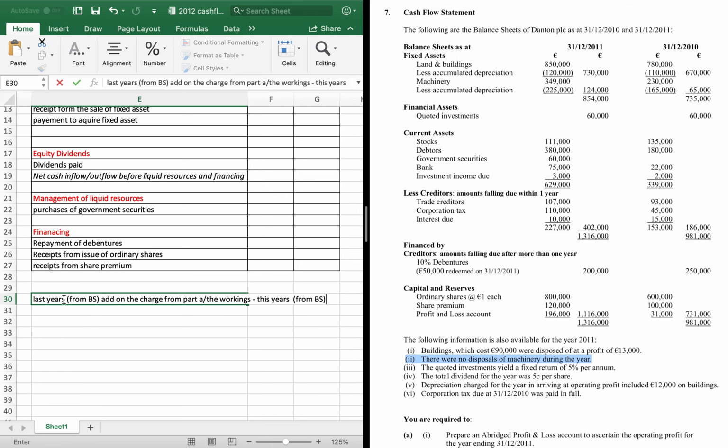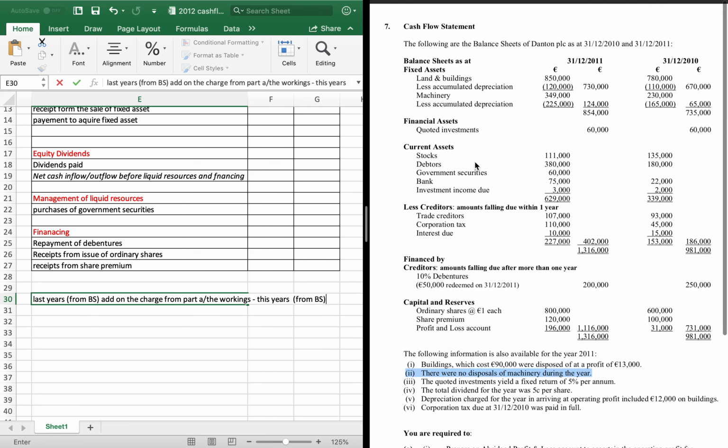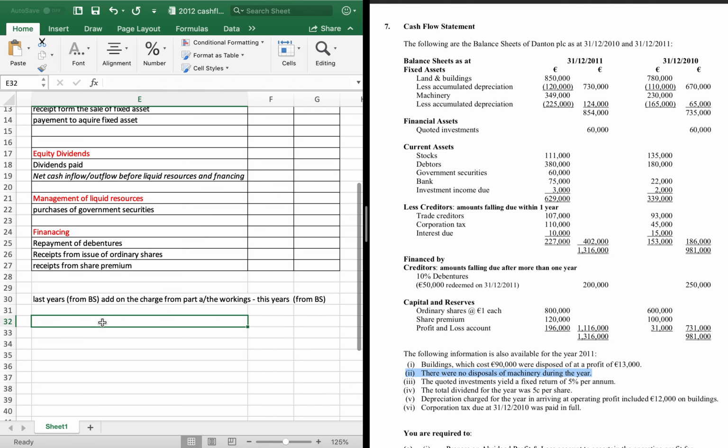Now, so let's look at that. So last year's balance for the investment income was €2,000. We can see that here. See that the investment income due was 2,000. So I'll just write this down.